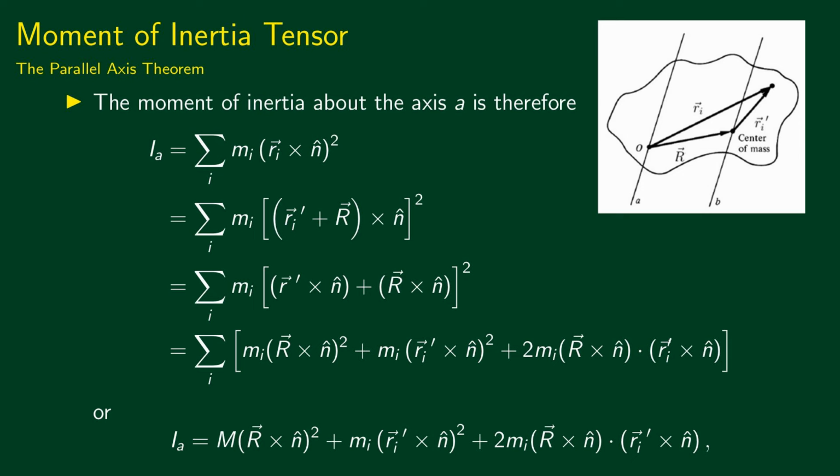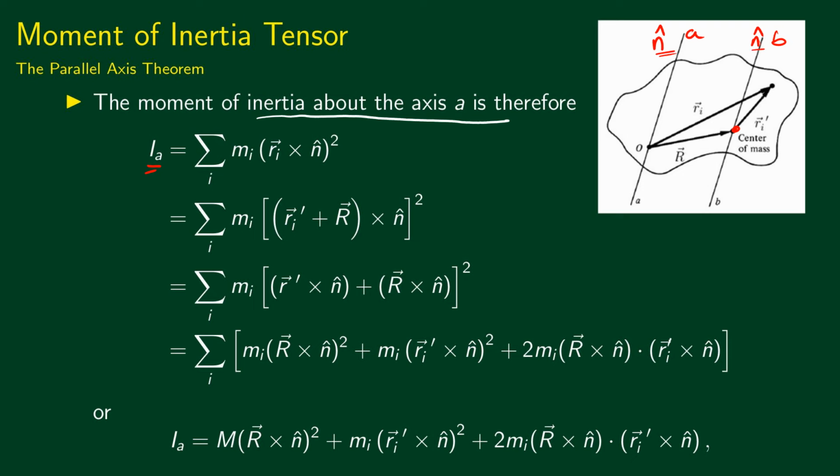Let's start by looking at the moment of inertia about the axis A here. So here we have two axes, axis A and axis B. These are both parallel to each other, and axis B is passing through the center of mass. Let's start by writing the expression for I_A, which is the moment of inertia about axis A. And we can take the unit vector, the direction of this axis, as n hat.